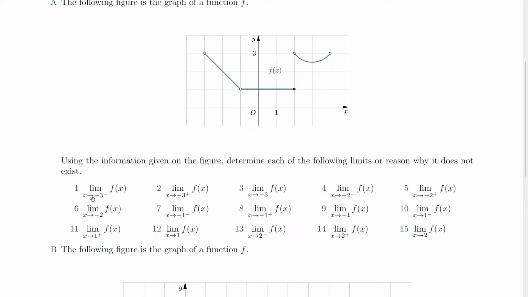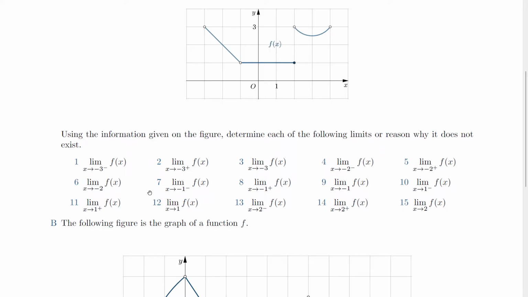Okay, the same question, but let us do it faster. What do you think about these 3 questions: the left limit, the right limit, the two-sided limit, at point minus 1? Minus 1 is here. Tell me. 1.